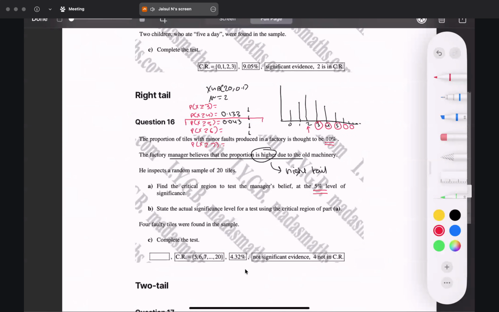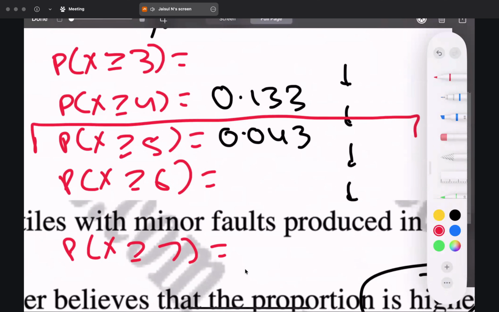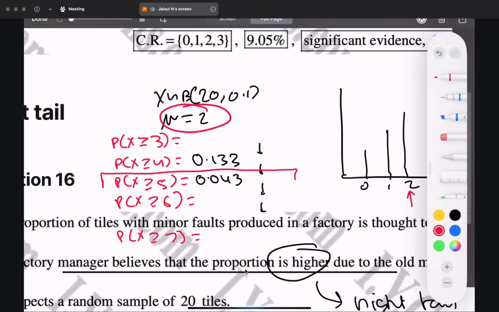So the critical value is x equals 5. The critical region is x more than or equal to 5. Because if I ask you that same thing again, you're expecting 2 to be faulty because it's a 10% chance. 3 end up being faulty, cool, normal. 4 end up being faulty, cool, normal. 5 end up being faulty, not sure. 6, that's quite high, right?